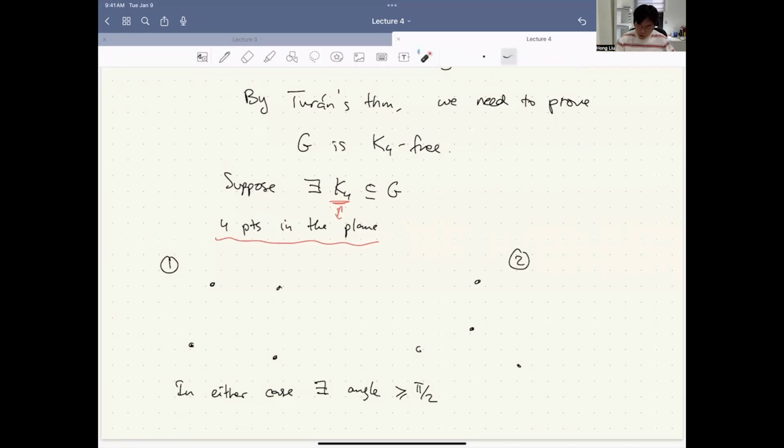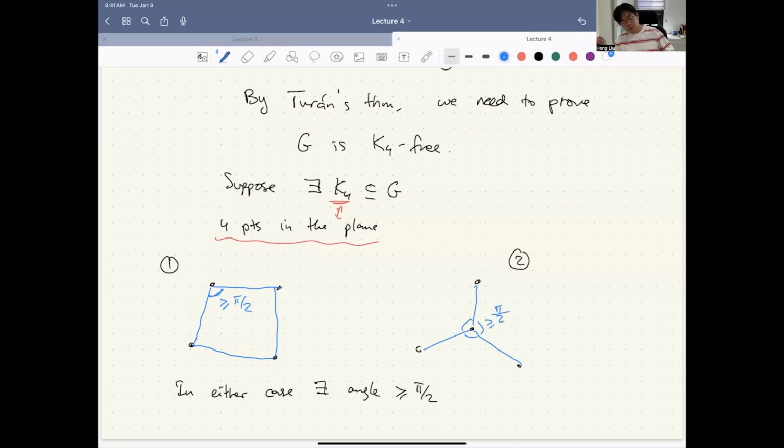So in this case, this is a quadrilateral. If you look at this convex quadrilateral, then the sum of these angles is exactly 2 pi. By pigeonhole, one of them is at least pi over 2. And this is even simpler. You just look at these 3. These 3 sum up to 2 pi. So one of them is at least pi over 2.